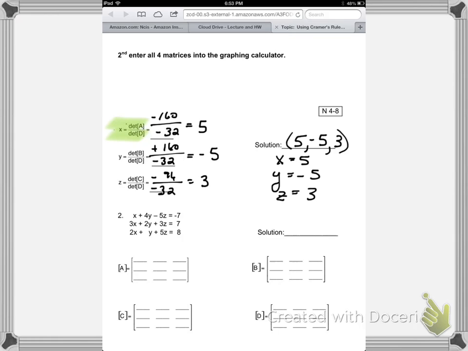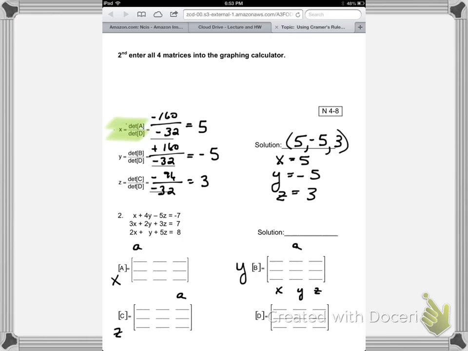But they're all here in this one. So remember, x is the first column, then y and z. Now, we're going to use A to find x, B to find y, and C to find z. So you're going to put your answers in those columns.